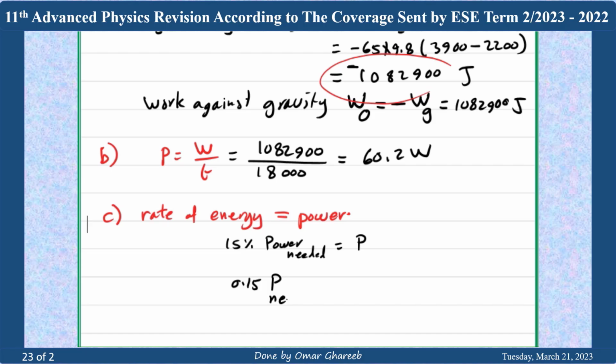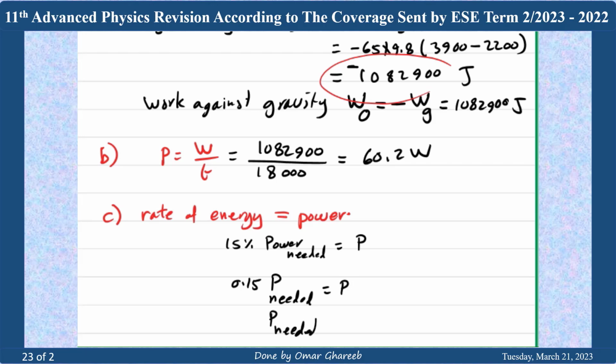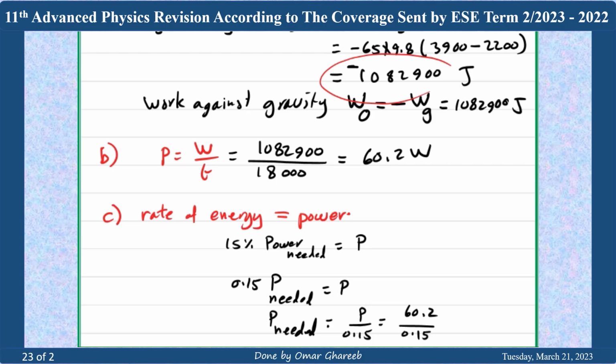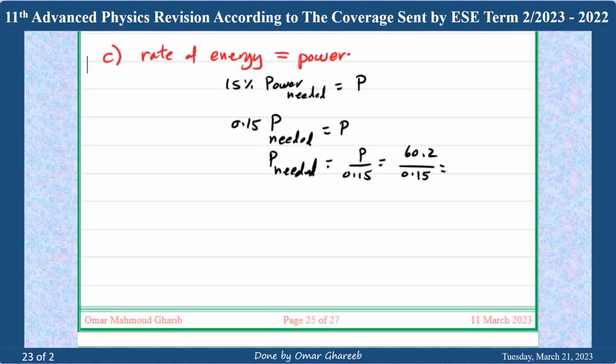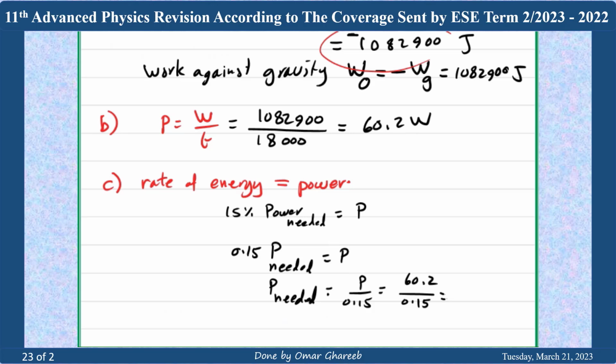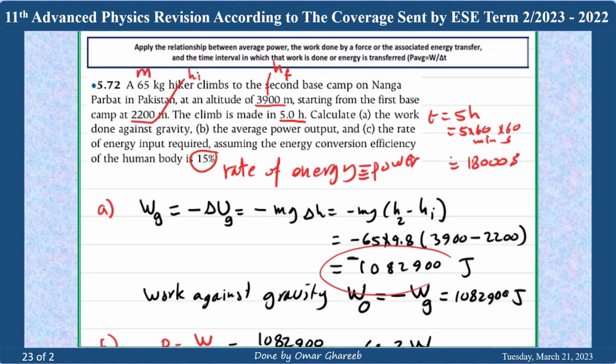Power needed equals P, so P needed equals P over 0.15. P is 60.2 over 0.15, and the answer would be almost 401. I think this is the suitable solution for this question, for the rate of energy.